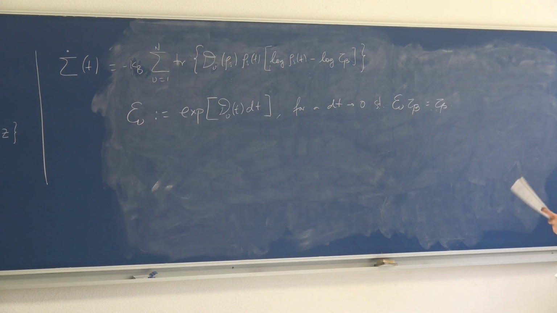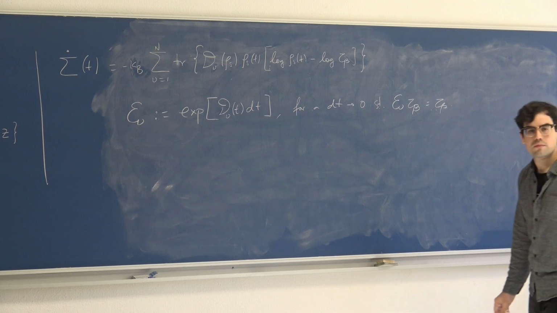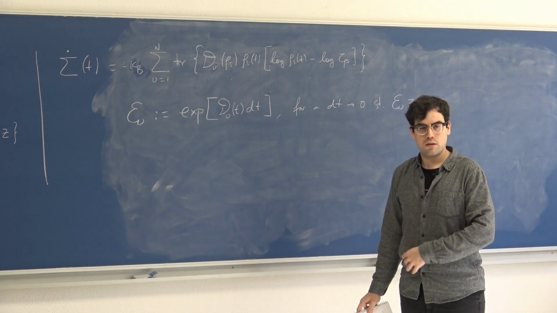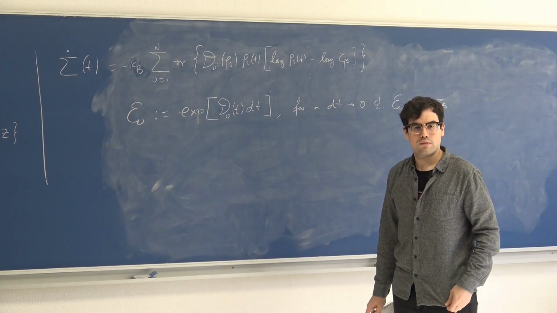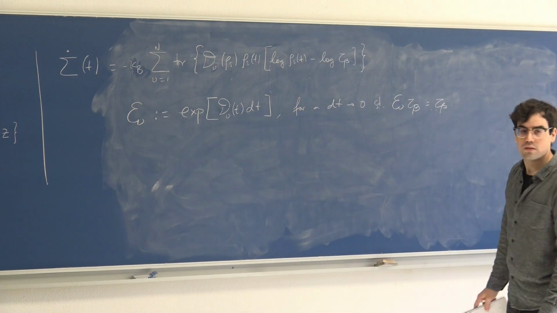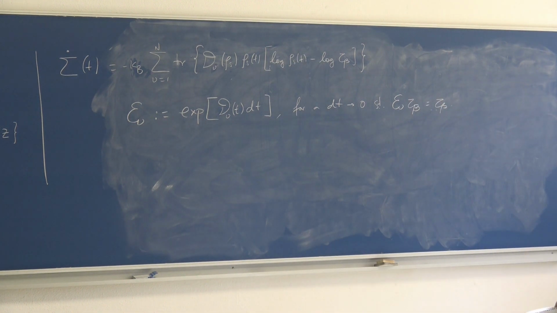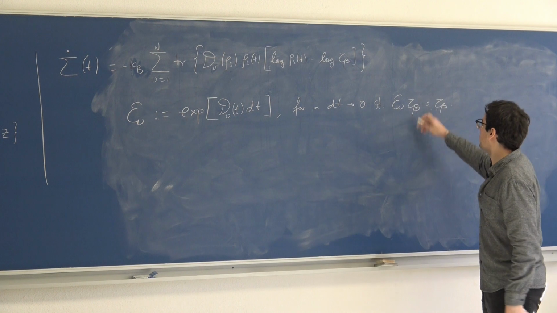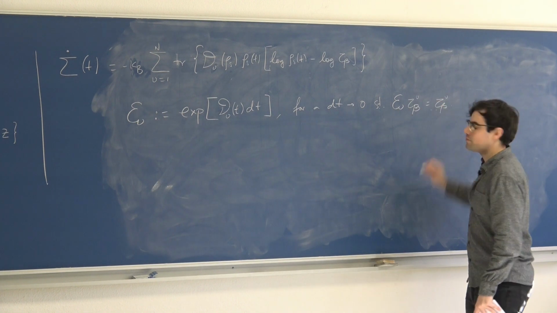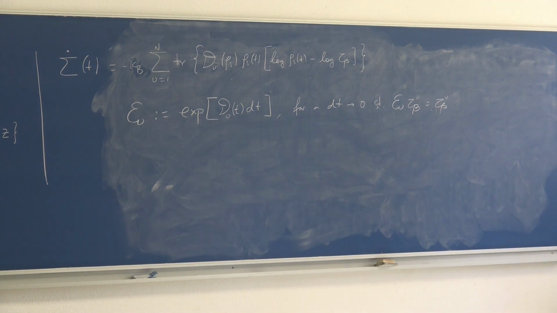Okay, let me think about it. The dissipator is the connection with one bath. Yeah, exactly. Each mu represents one bath. Okay, right.